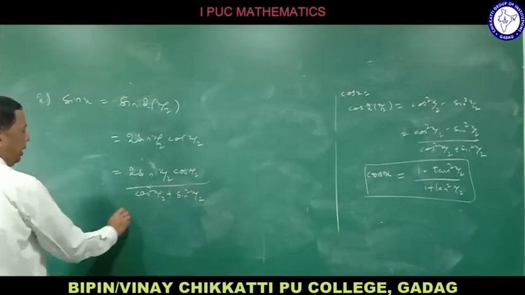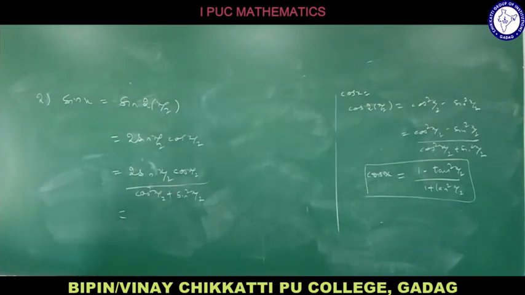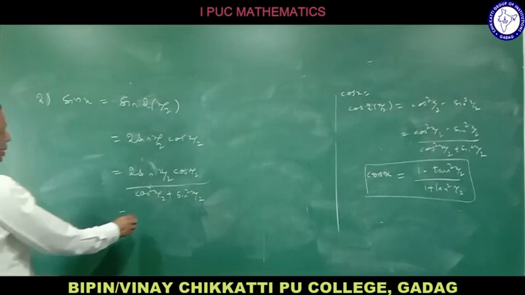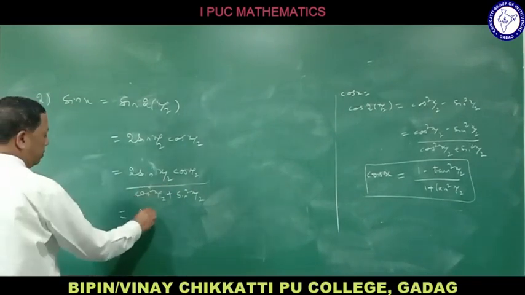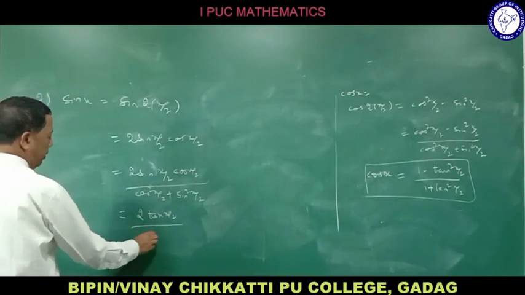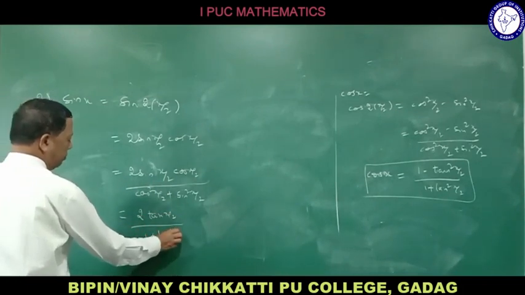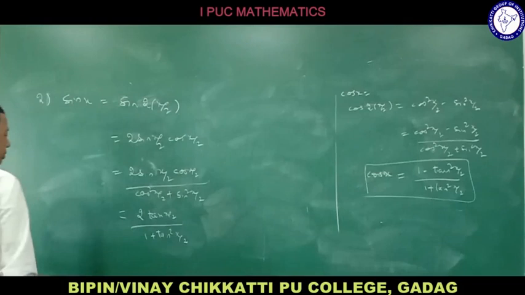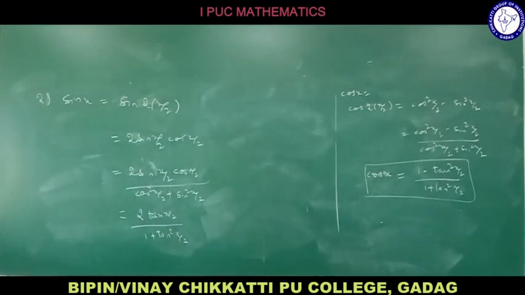So dividing numerator and denominator by cos square x by 2, we get 2 tan x by 2 divided by 1 plus tan square x by 2. So this is the result: sin x is 2 tan x by 2 divided by 1 plus tan square x by 2.